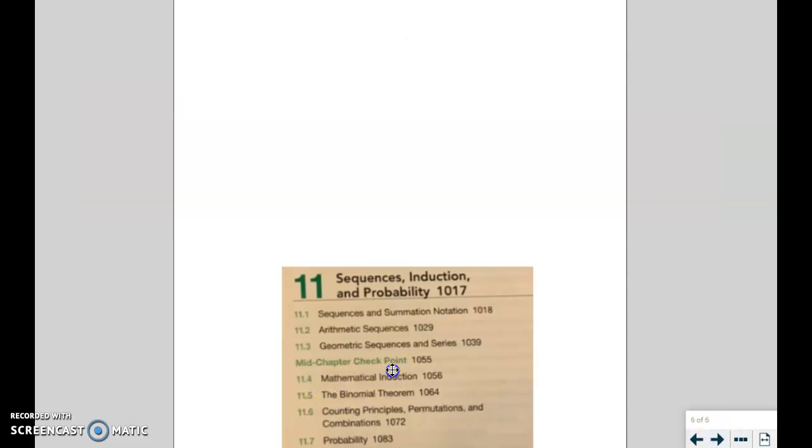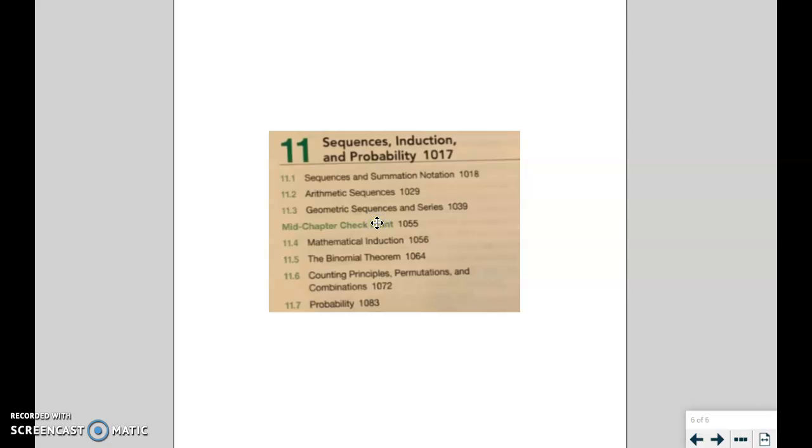And last but not least, chapter 11 down on the bottom. Sequences, induction, probability, all the good things that we did in combinatorics with sequences, arithmetic and geometric, mathematical induction, starting to prove fun things, binomial theorem, counting principles, permutations, probability, all those cool ways that we can count things.